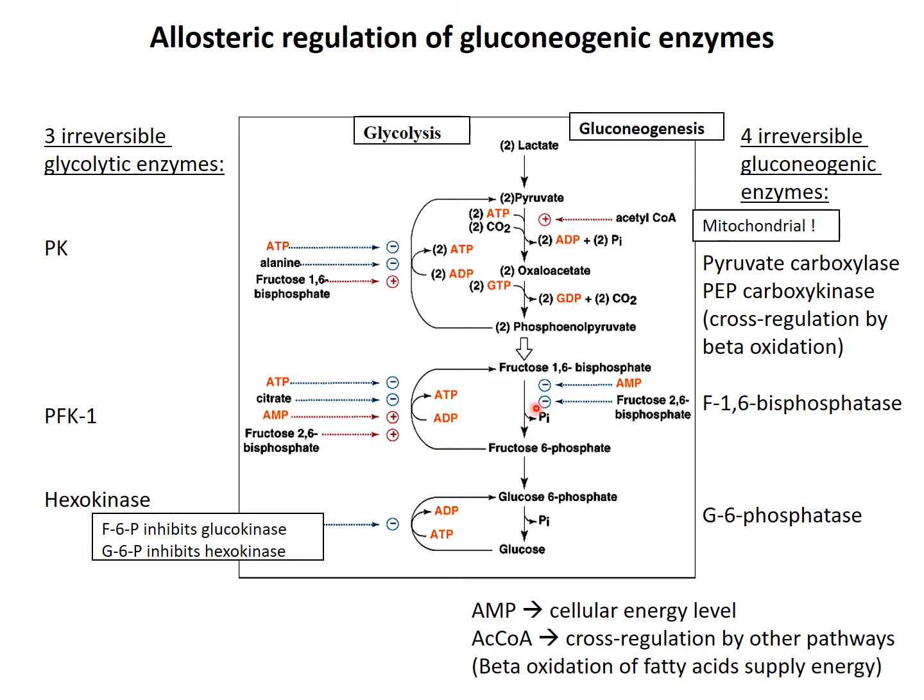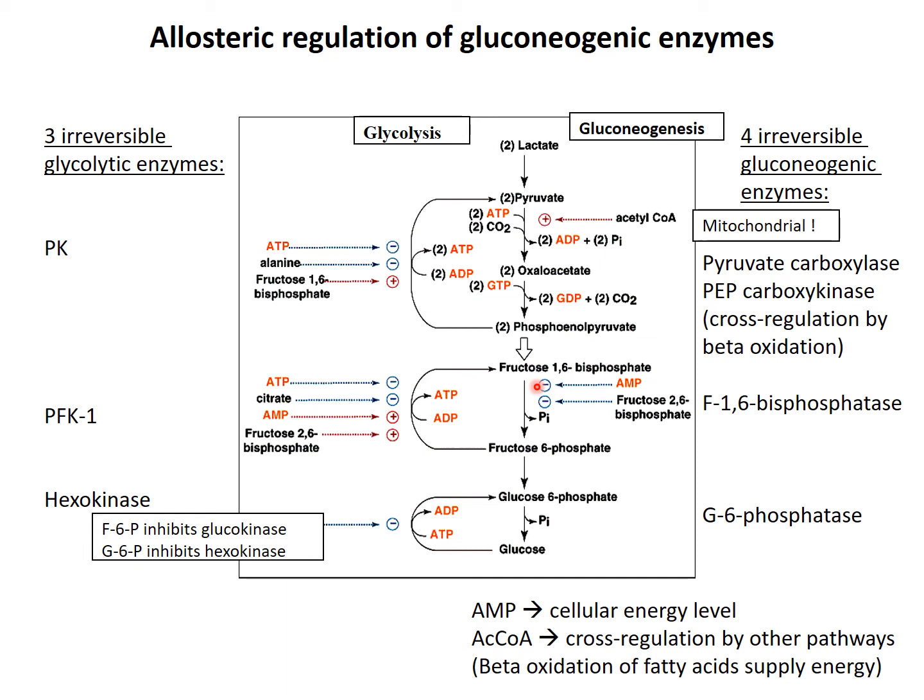When we come to the biphosphatase that circumvents PFK1, you see cross-regulation between the 2 pathways, but this is opposite. Opposite pathways need to be regulated in an opposite way. So if you see AMP upregulating glycolysis because of lack of energy, AMP will halt gluconeogenesis.